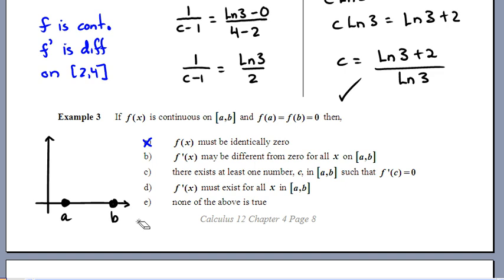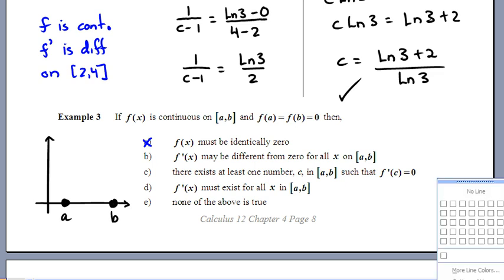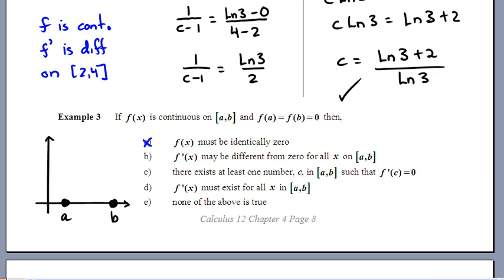Part B, the derivative might be different from 0 all the time. So it's saying it might never be 0. Well, I do know if I did a little grade 10 connecting line between these 2 points, that connecting line, that secant line, does actually have a slope of 0.